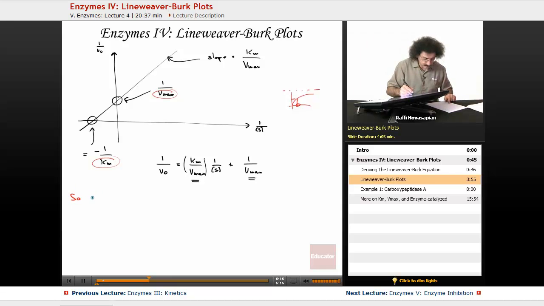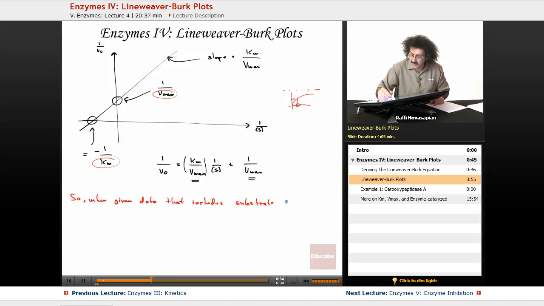So, again, when given data that includes substrate concentration and various initial rates, in other words, when you're given substrate initial rate data, we form new data.